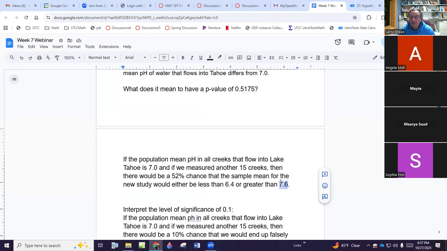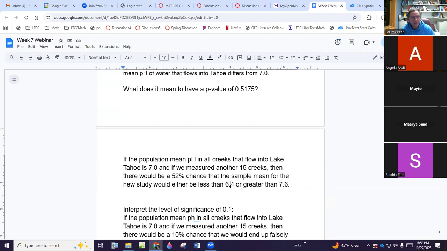Any thoughts? How did I come up with 7.6? Very basic math, but you gotta have a little bit of math. Maybe sixth grade. Any thoughts on how I got 7.6?